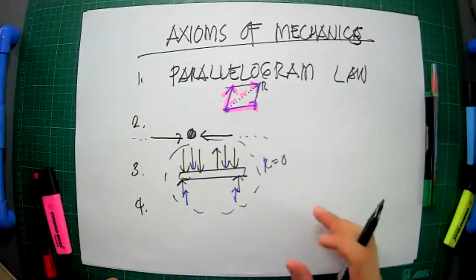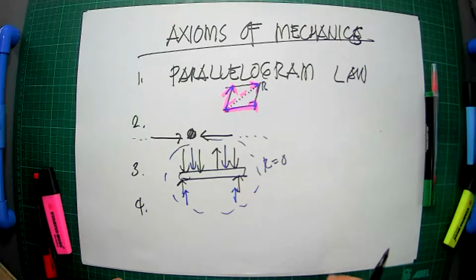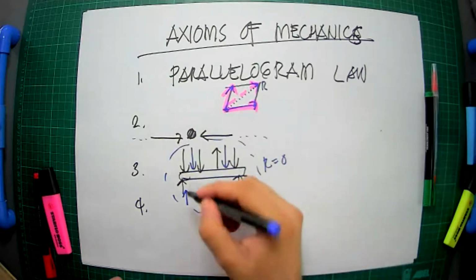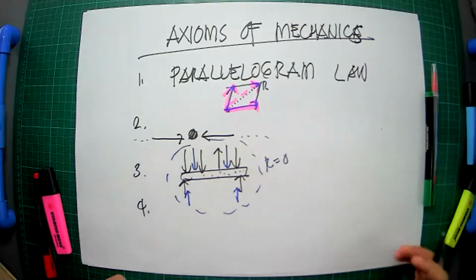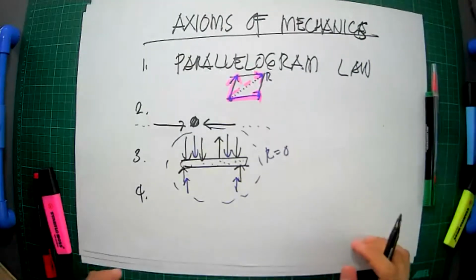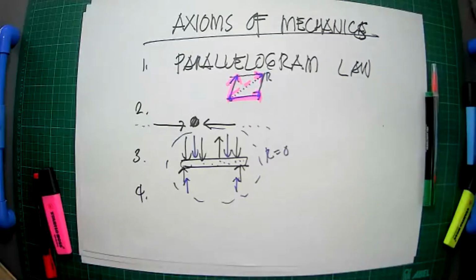So that's a failed structure. But in mechanics, we assume nga ang mga body are rigid, the supports are adequate enough to resist increasing loads. Okay? And number four, action-reaction forces are equal but oppositely directed.